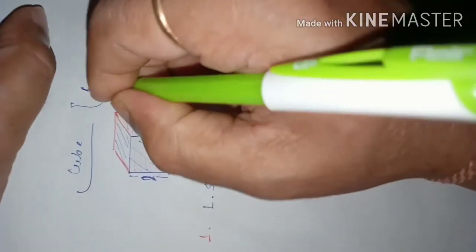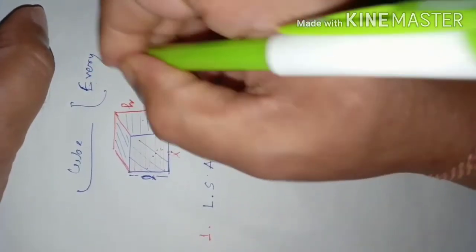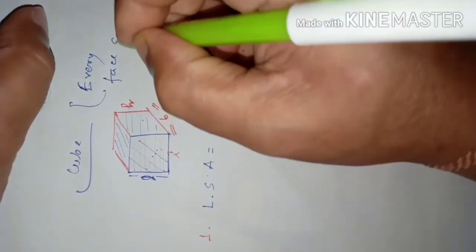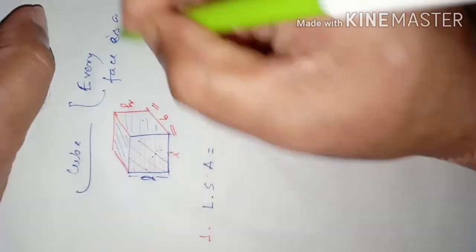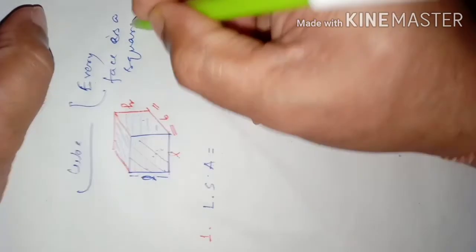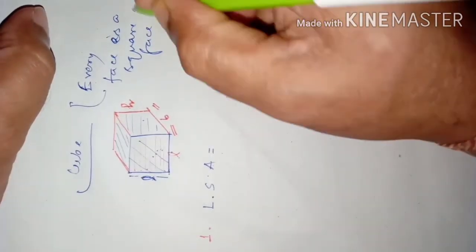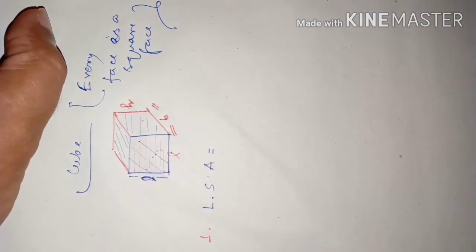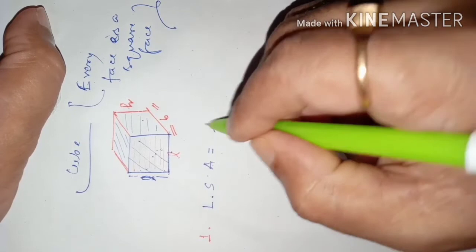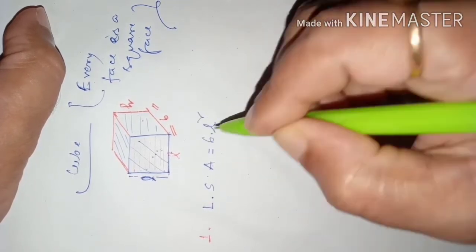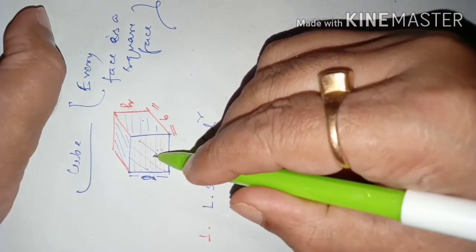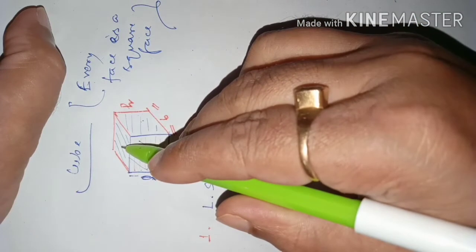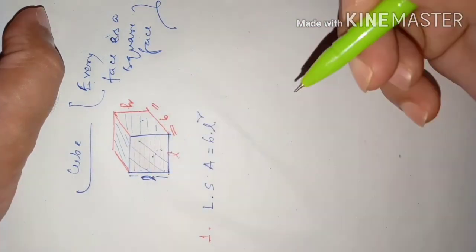You can write down here, every face is a square face. So the lateral surface area will be equal to L square, 6 times? Why? Because its area is L square, it's also L square, again 3 more L square, that means 6 times L square.